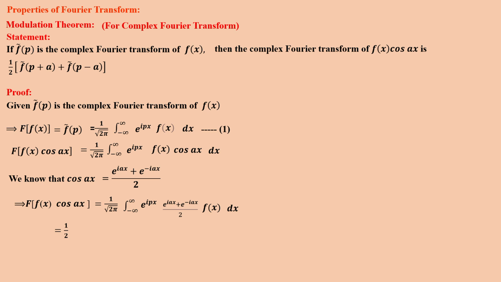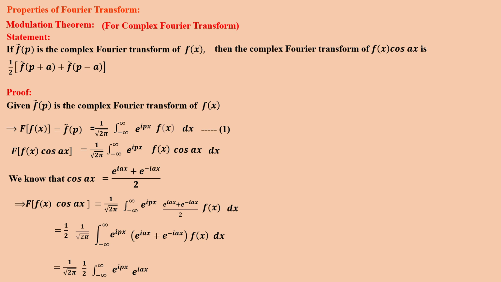So 1 by 2 into 1 by root 2 pi integral minus infinity to plus infinity e power i px, multiplied with e power iax plus e power minus iax, f of x dx.